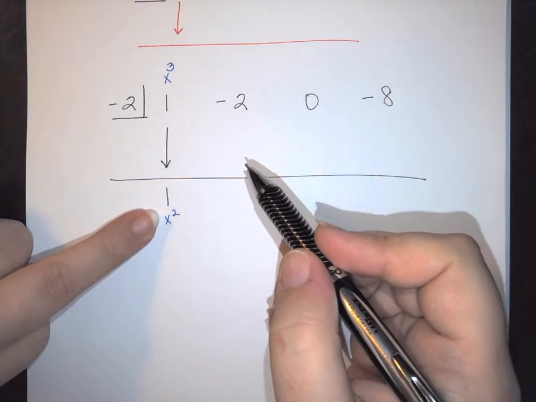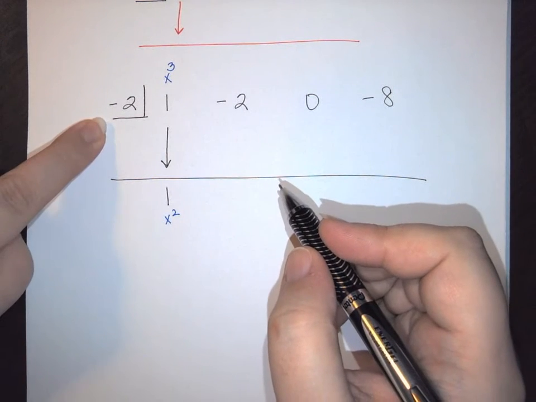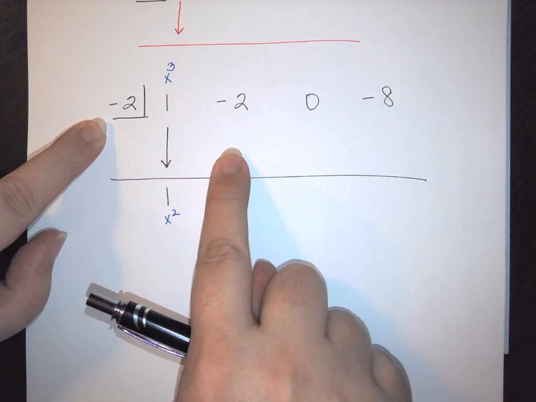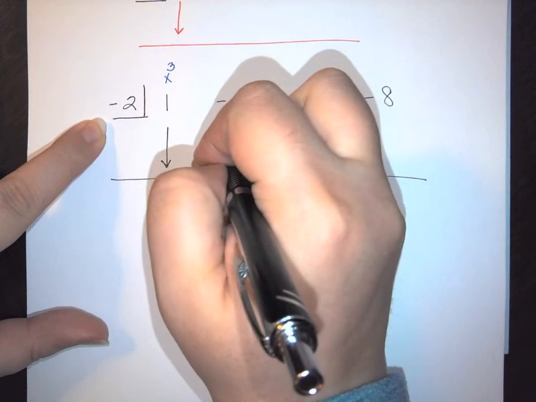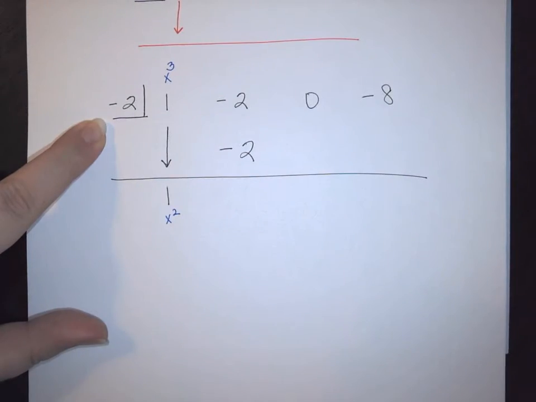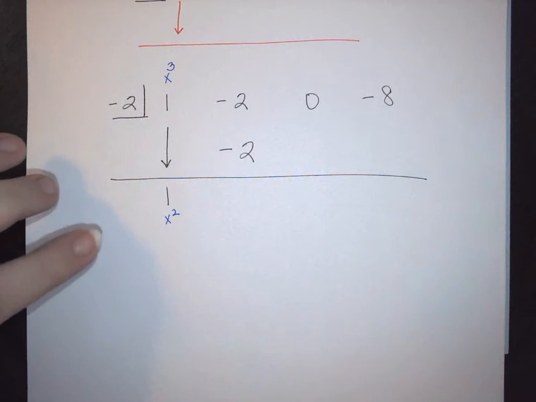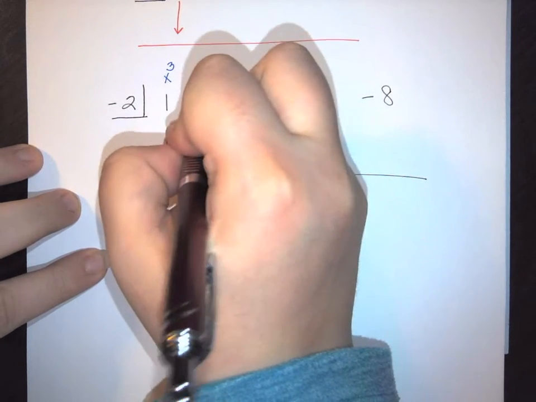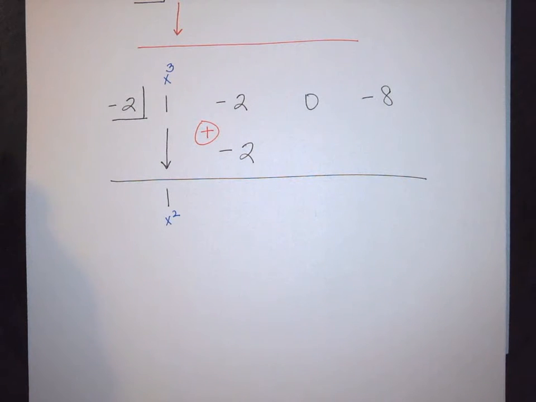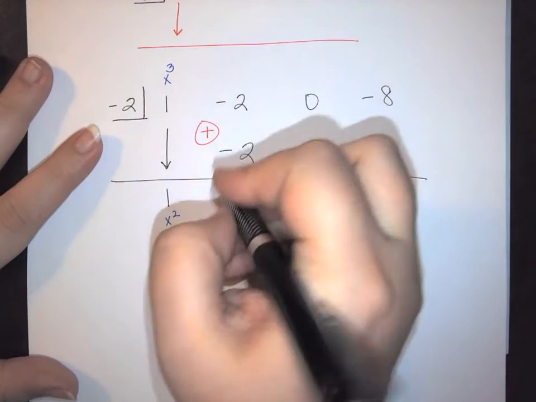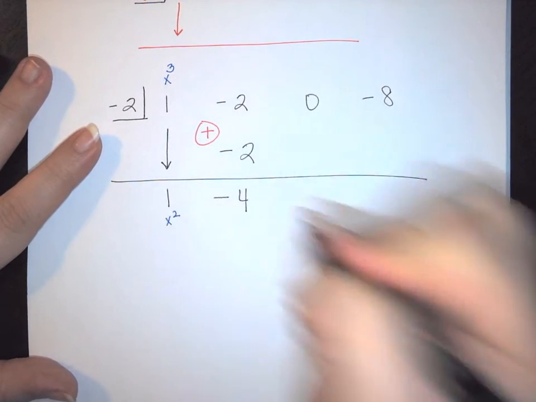Okay? So here we're going to do 1 times negative 2, and it's going to go right here. So this is where we're going to put the negative 2. We are then going to do old school vertical addition. So we're going to have negative 2 plus negative 2 gives me a negative 4.